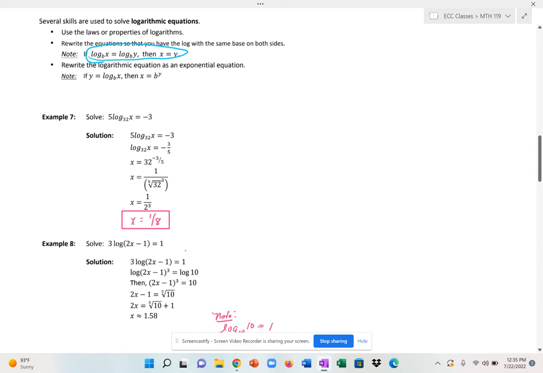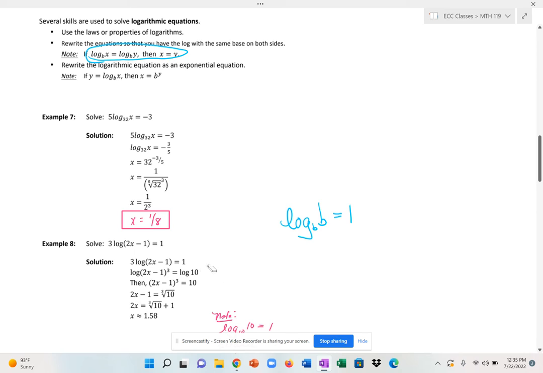And this 1, well, I can write that as a logarithm. So the log of 10 is equal to 1. And that goes back to a rule that I gave you in a previous lesson, log base b of b equals 1. Well, that's exactly what we have here because the base is 10 and I'm taking the log of 10.